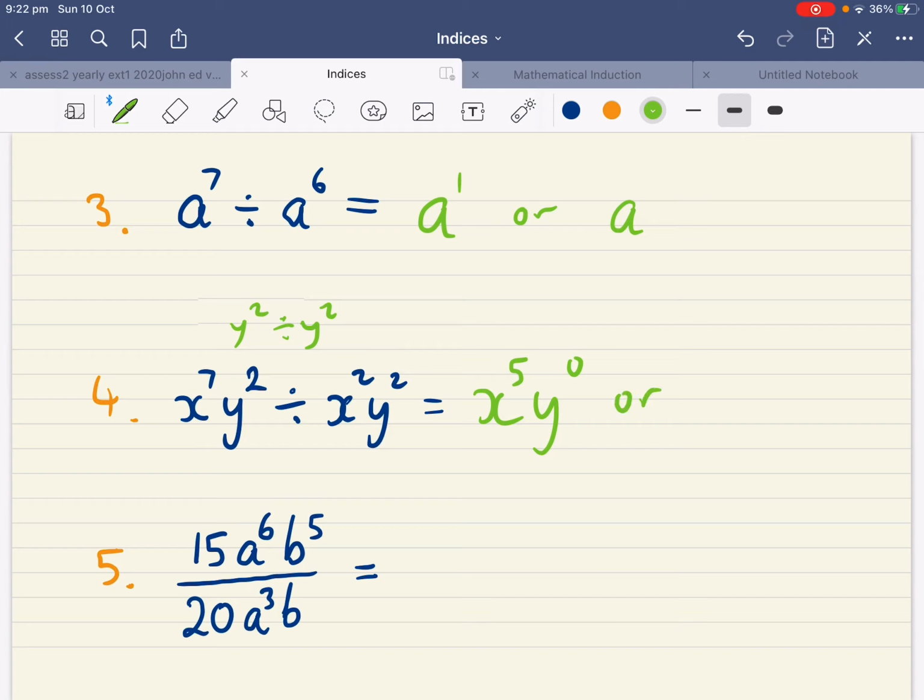Or you could view y squared divided by y squared like they cancel each other out perfectly. So the y's are actually gone in total. So you could write x to the 5, y to the 0, and that is correct. Or you could have just written it as x to the 5, because those y's do cancel each other out perfectly and just leave you with an x to the 5.